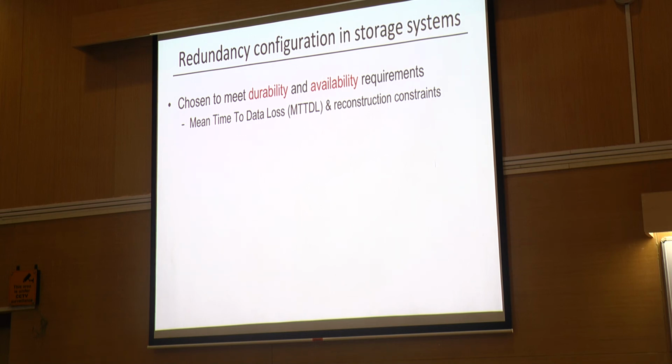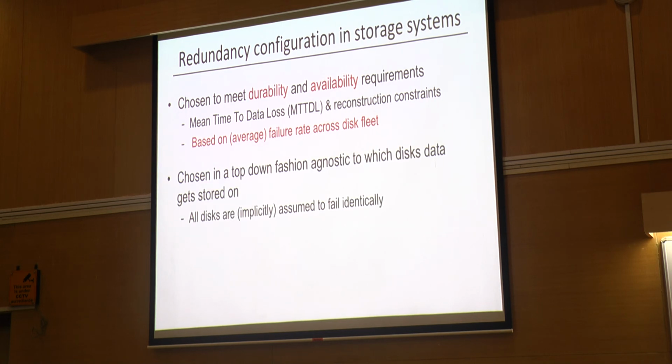And for both of these requirements, typically some kind of informed assumption is made on the failure rate of the disk population, like an average across the disk fleet. So this choice of the parameters n and k is made in a top-down fashion with some average understanding of the failure rate.